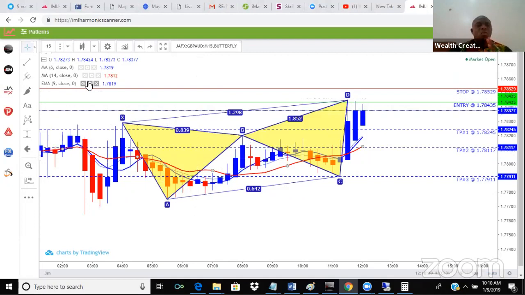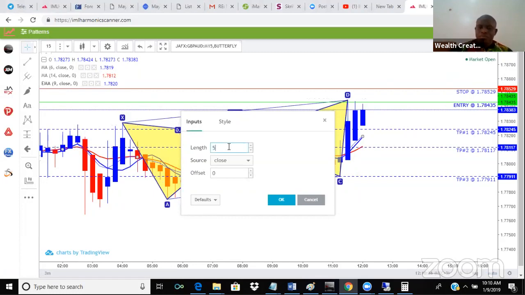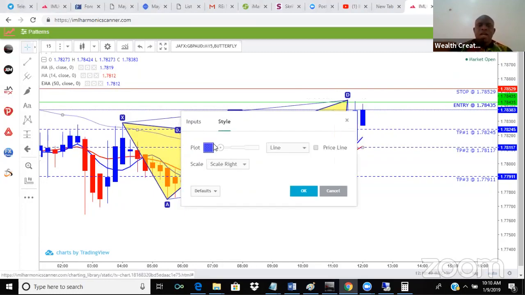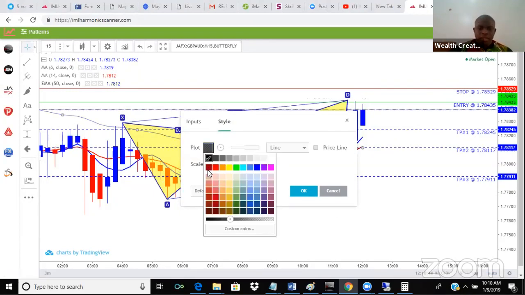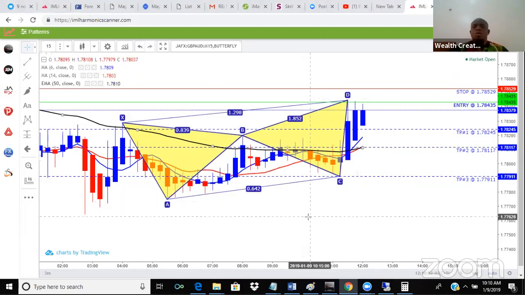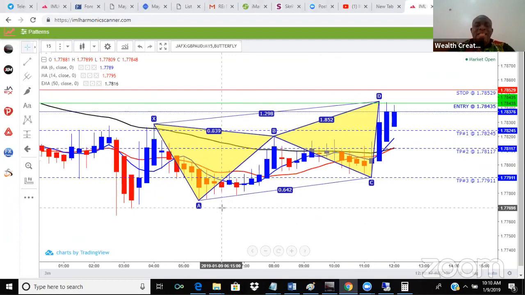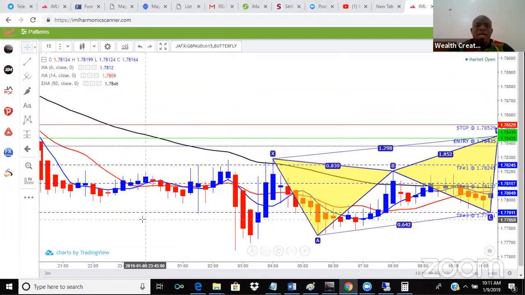Another thing I will do is go to my exponential moving average, which is 50. On this 50, I'll make the color black, which means it's going to be the major trend direction. I'll tick the color and make it bold. What this means is that I've been able to identify my trends per time.